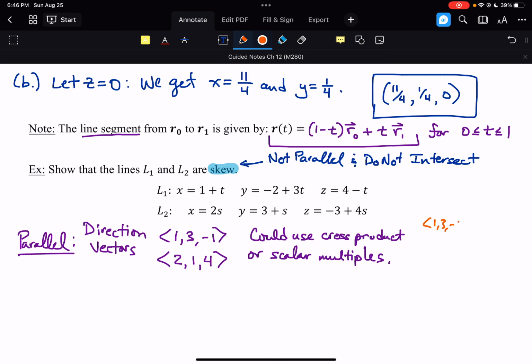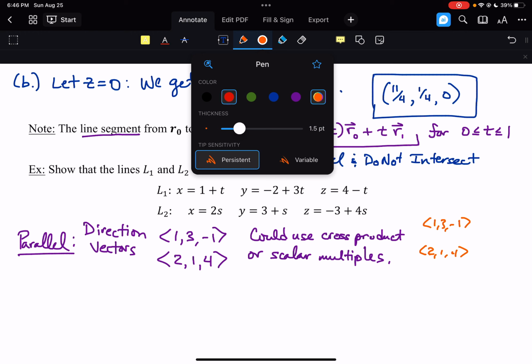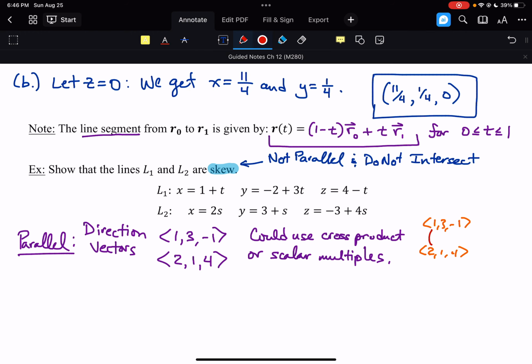Okay, so like if we look at 1, 3, -1, and 2, 1, 4. In order for these to be parallel, the first component is doubled. So if this vector is truly a multiple of this one, it should be doubled the whole way. That would be 2, 6, -2, like that. However, the second component here has been multiplied by a third, right?